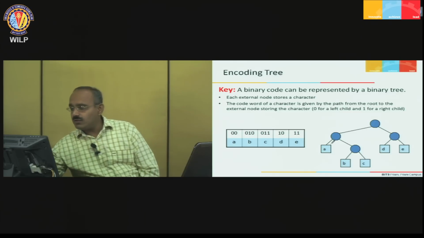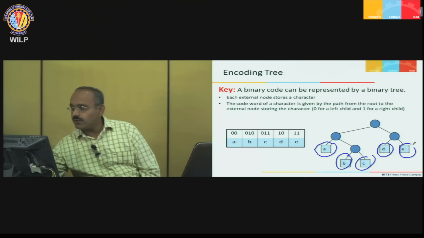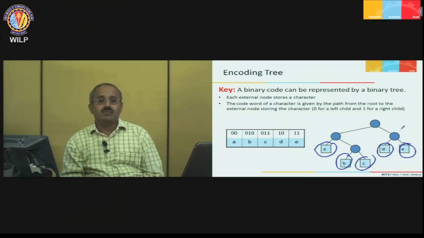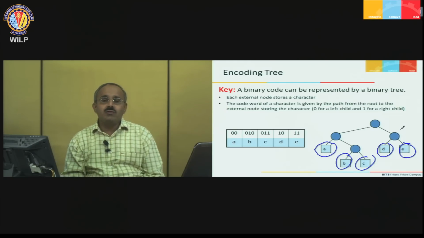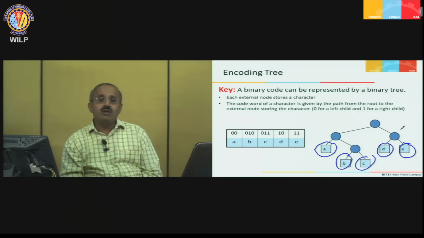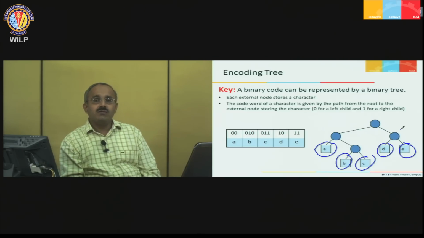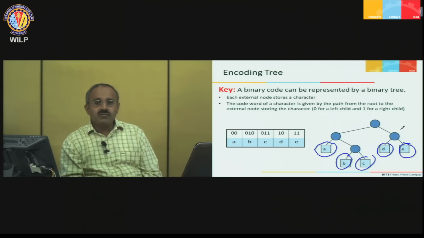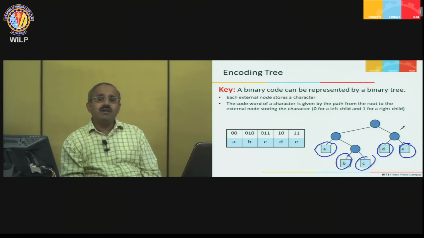So, all the leaves are going to store characters. The code word of a character is given by the path from the root to the external node storing the character, and by convention, as we traverse left, we label it 0, and when we traverse right, we label it 1.